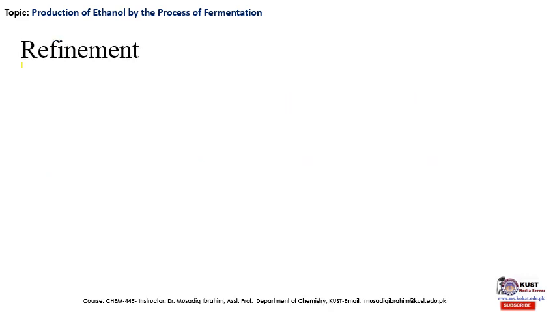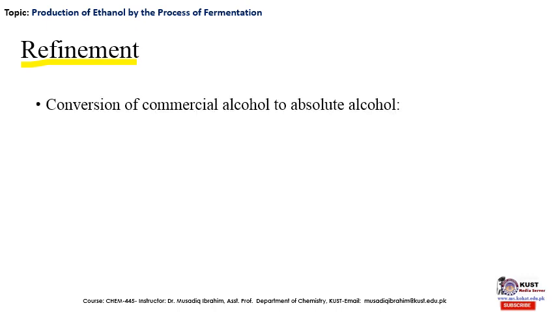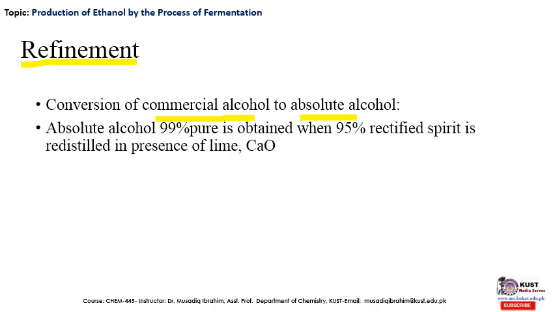Now, refinement is the final step in getting the absolute alcohol, and it gives the finishing touches to the process. So it is actually the conversion of commercial alcohol to absolute alcohol. The absolute alcohol is 99% pure, and it is obtained by the process of redistilling the 95% rectified spirit in the presence of lime and calcium oxide.